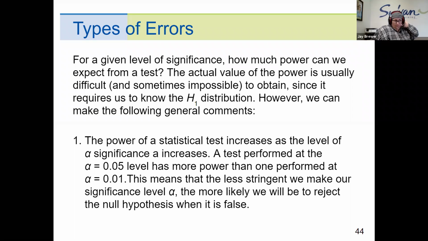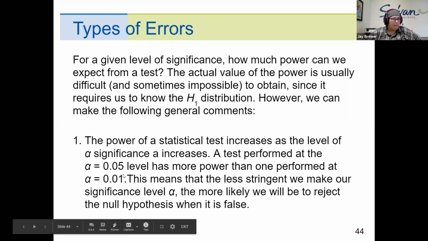Okay. The power of a statistical test increases as the level of significance alpha increases. Sorry, they flip-flop those A's around. A test performed at the alpha equals 0.05 level has more power than a test performed at 0.01.